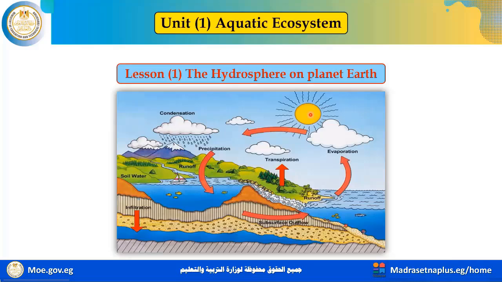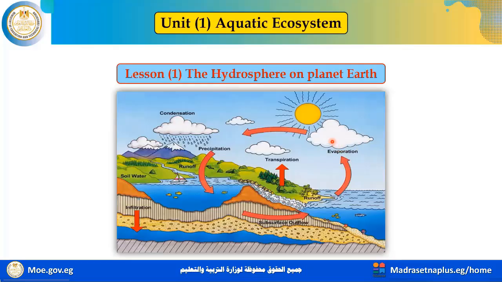The heat of the sun evaporates the water in the seas, oceans, rivers, lakes, and all the aquatic areas on the earth. And the water evaporates to change into water vapor, from the liquid state to the gaseous state.